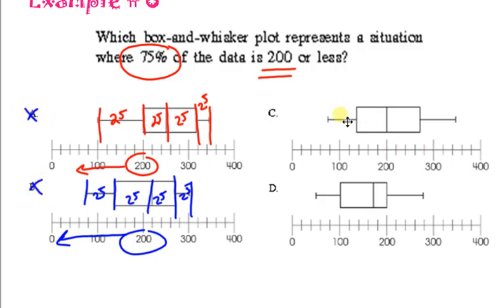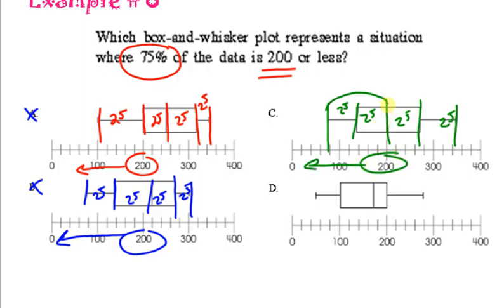Let's look at this one. Here to here, 25%, 25%, 25%, and 25%. Here's 200. How much does it represent? 50%. Nope. Let's check the last one.